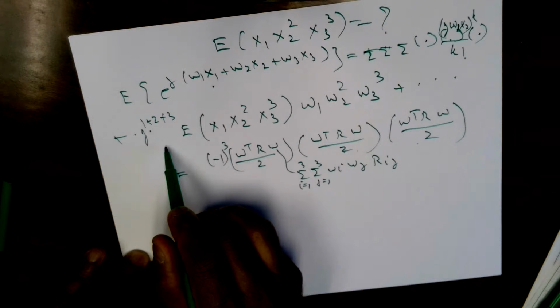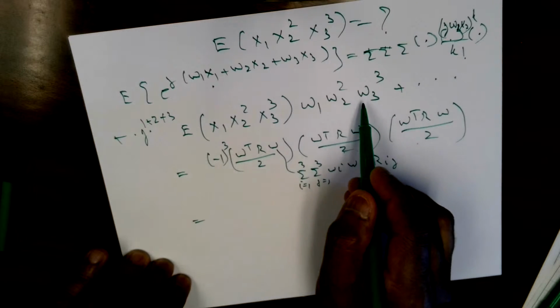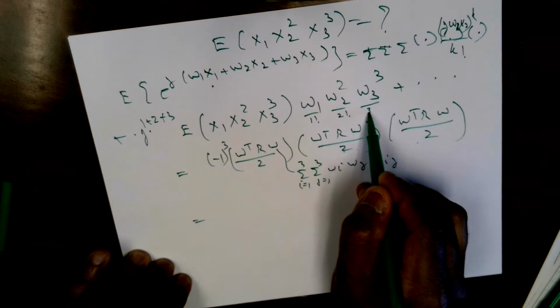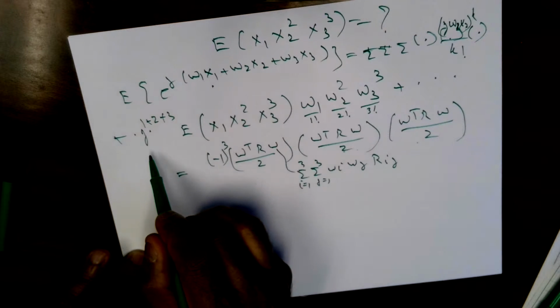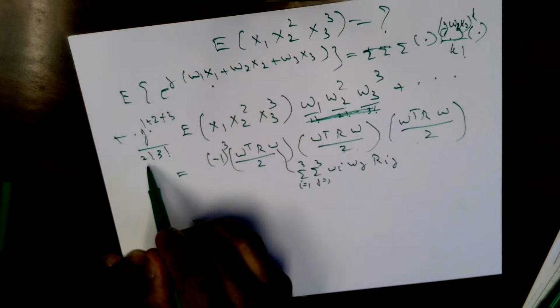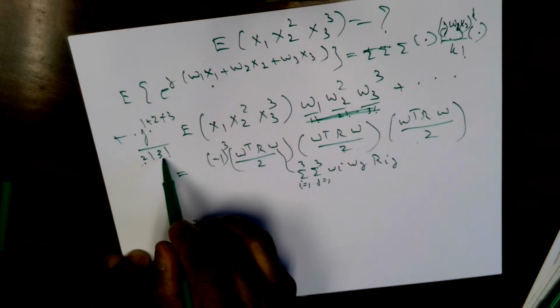And by the way, here on the left side, I forgot the constants. Here you have 1 factorial, 2 factorial, 3 factorial. So if you put it together, this is 2 factorial and 3 factorial. So that's 2 multiplied by 6.